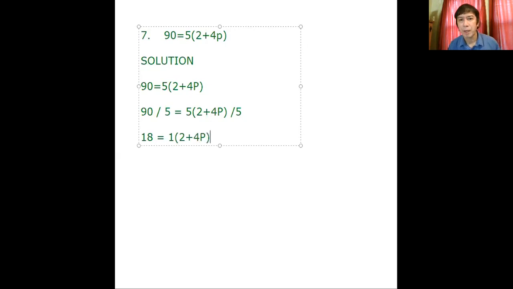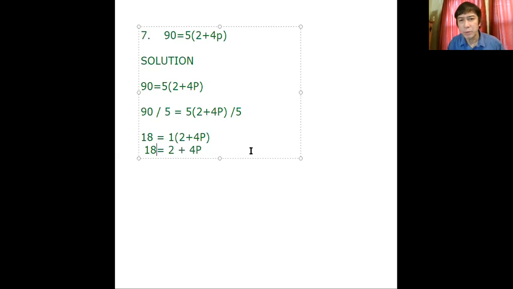When you simplify the right side, this will just be 1 times 2 plus 1 times 4p, which gives us 2 plus 4p at the right side. And the left side will remain 18.